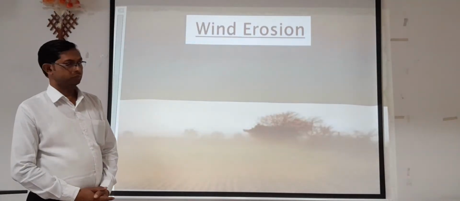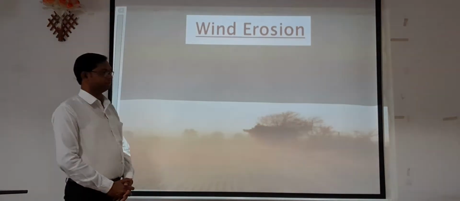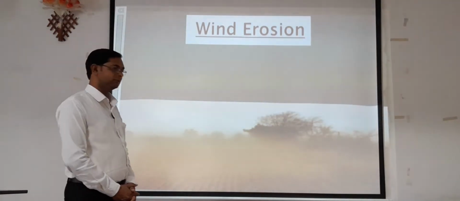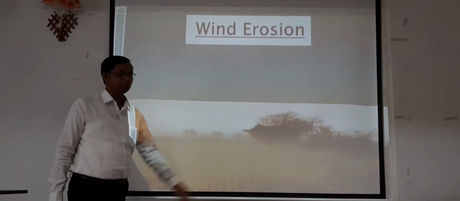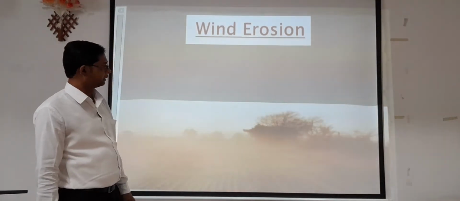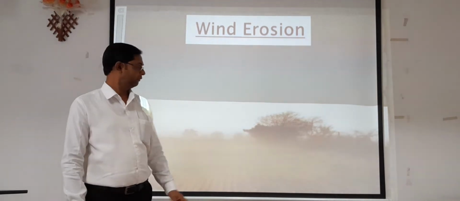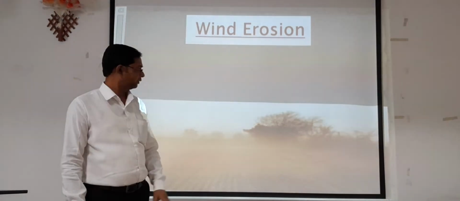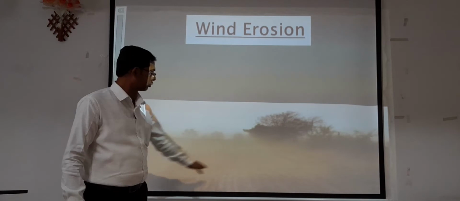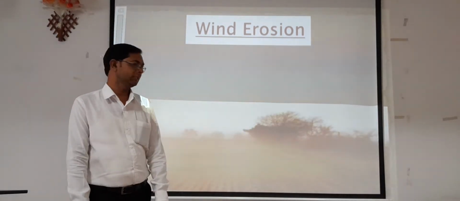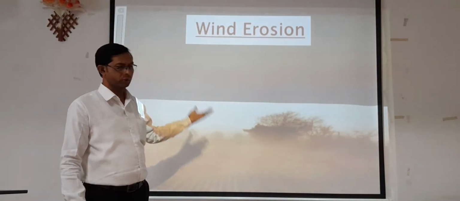Now the next type of erosion is known as wind erosion. During the summer season, you can see this type of activity takes place. That is a natural activity. You can see here a large amount of soil, the topmost layer of the soil, gets eroded and moves from one place to another.